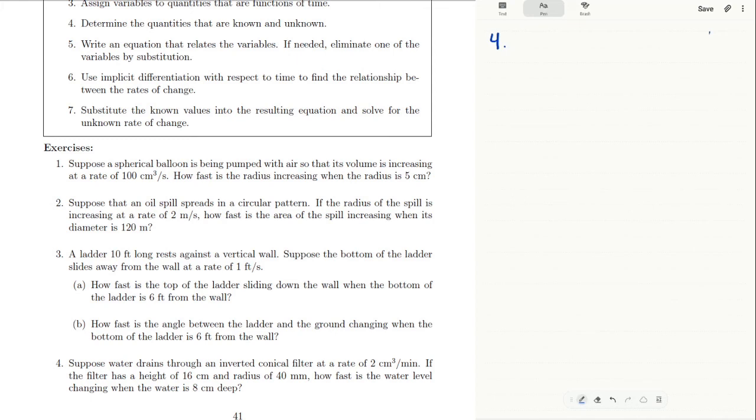So the first thing we'll do is draw a picture of our situation. So we have a conical filter, and water is being drained from the filter.